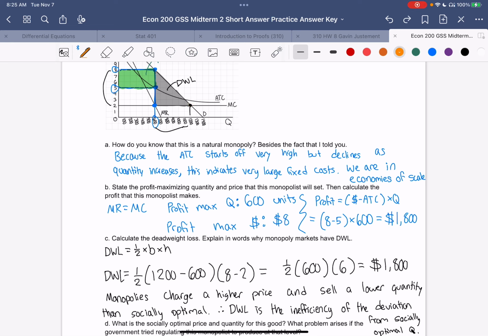That doesn't show up too well, I'll do it in blue still. Okay, so this point here is going to be the social optimal. And because the monopoly is only producing 600 units, whereas the socially optimal quantity is 1200, that's where the deadweight loss comes from.